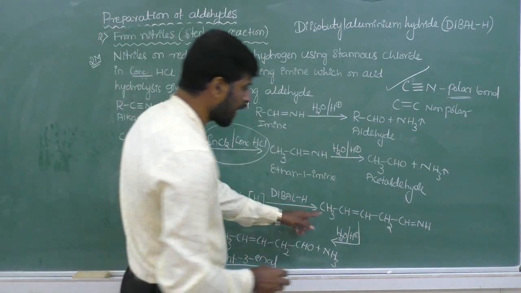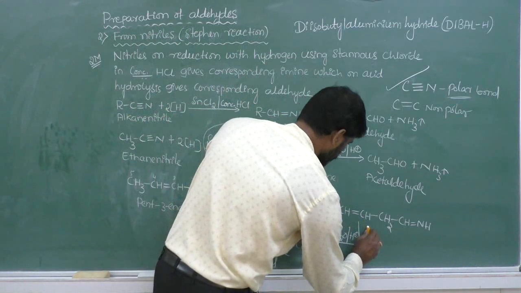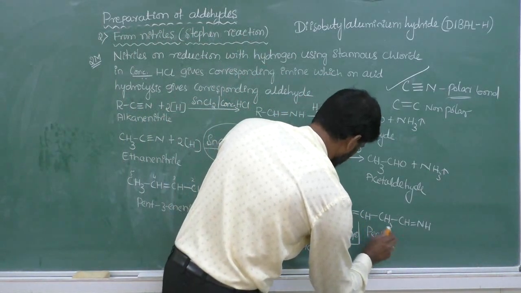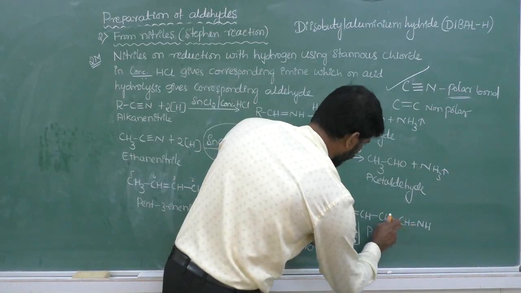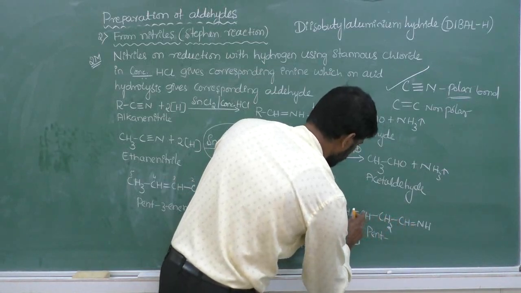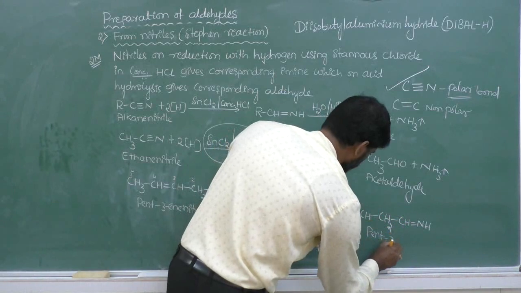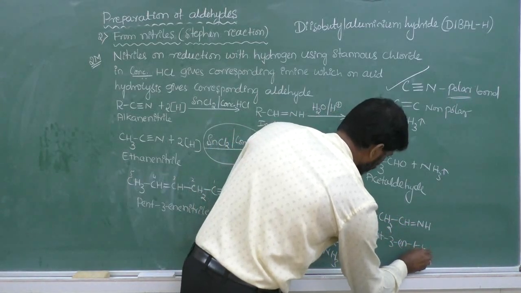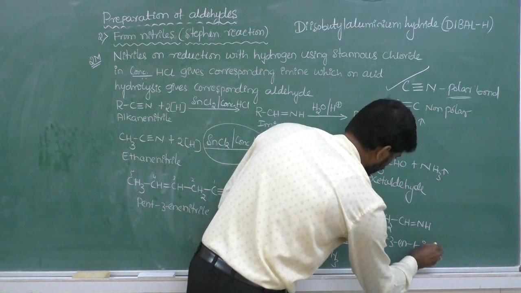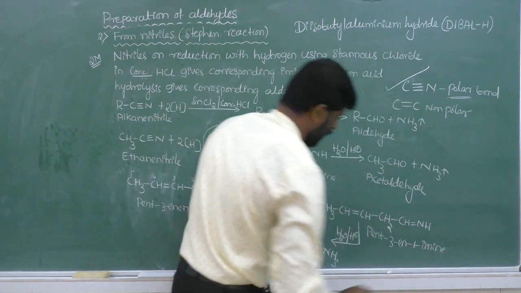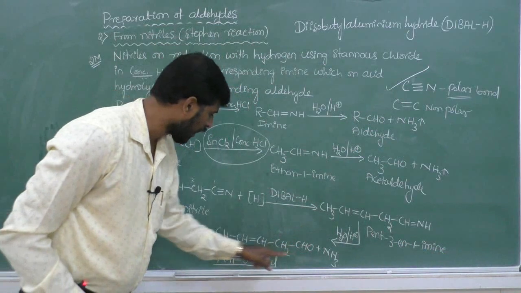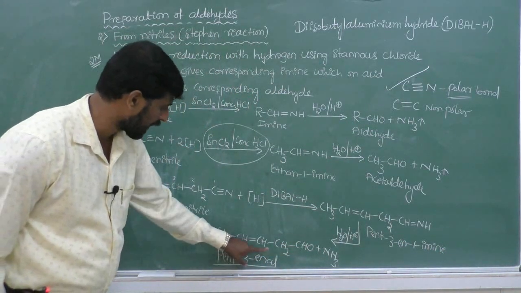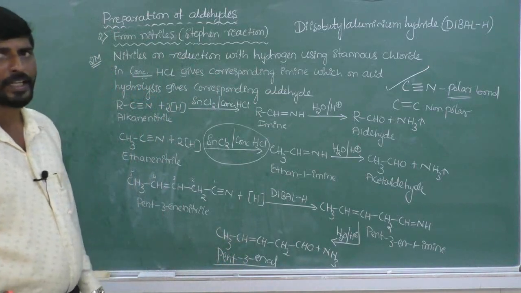This is the corresponding imine, that is pent-3-en-1-imine. So this on acid hydrolysis gives pent-3-enal, the corresponding aldehyde.